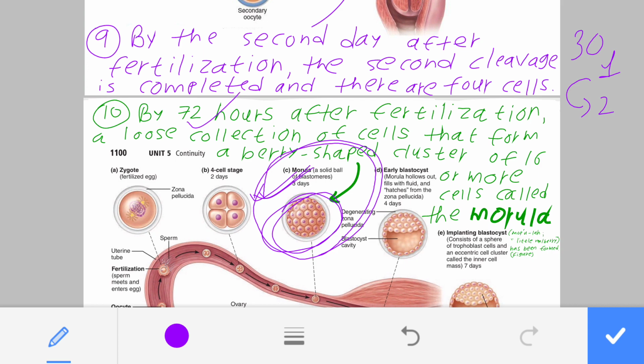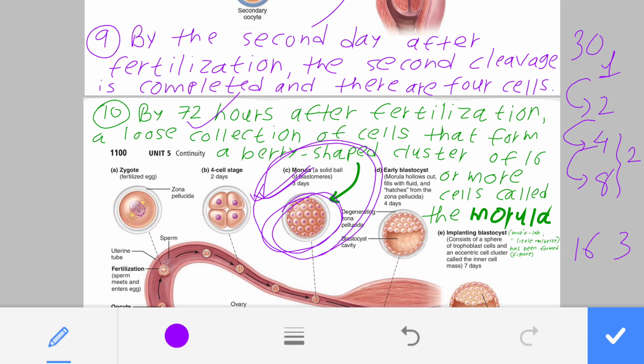Then from these two cells there are 4 cells, and then 8 cells are produced. These 4 and 8 cells are produced after 2 days of fertilization, and on the third day, that is 72 hours, the cell number is 16 or more.